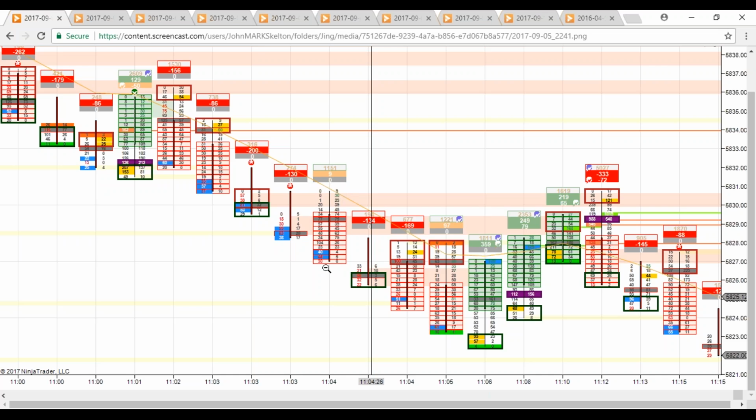What if there was something we were able to teach you that there was an order waiting up here to get filled with a very few tick, 5 tick stop to take that down and down and down? How about that?